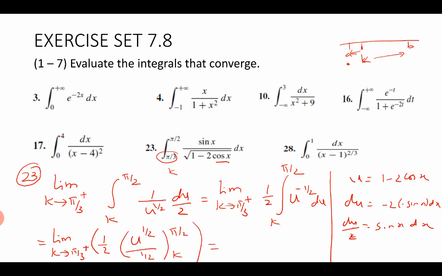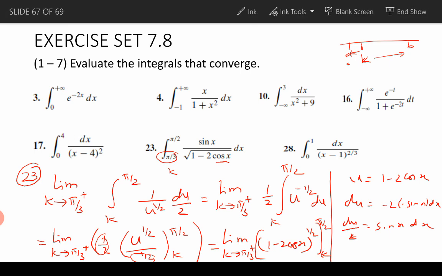Now this integrand should be replaced by some substitution. Let u equal 1 minus 2 cosine x. So what happens for du? du is 0 minus 2 times the derivative of cosine, which is minus sin x, dx. So du over 2 is sin x dx.